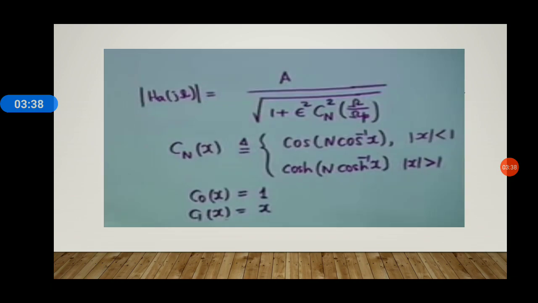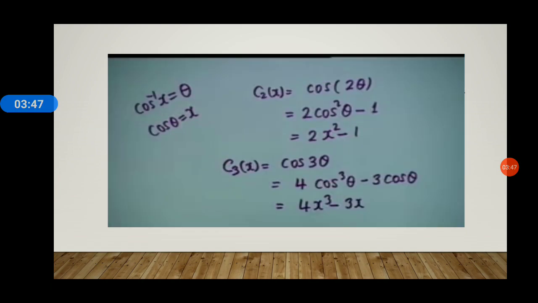Now from here we can also say that C0(x) would be 1 and C1(x) is x. Now if we take cos inverse x as theta, then cos theta is x. We know C0(x), C1(x), which are evident, but what about C2(x)?